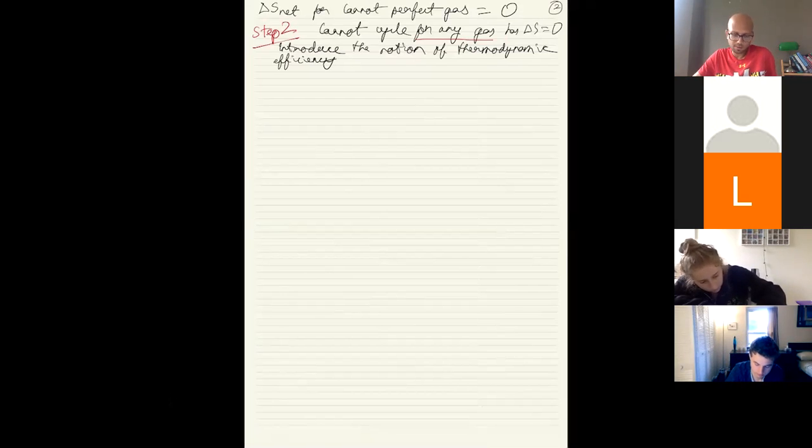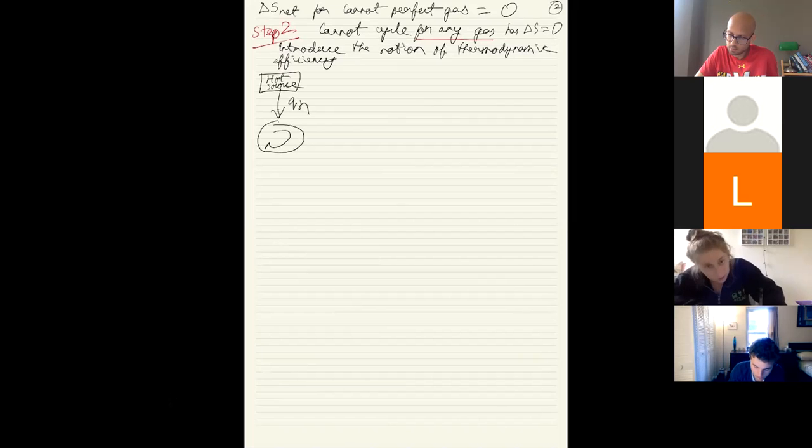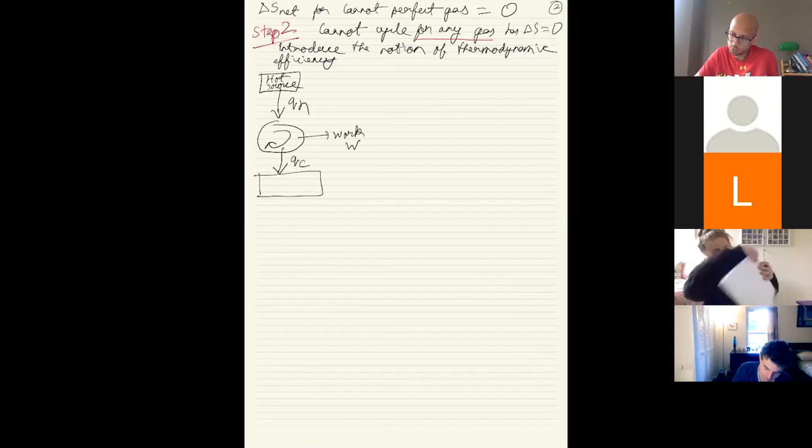So introduce the notion of thermodynamic efficiency. How do we do that? The idea being that we have a hot source. From this, we are extracting some heat QH. We are using this heat to run a motor or run an engine and get some work out, W. And the first law of thermodynamics tells us that in order for such a process to happen, you must be wasting some heat into a cold sink.